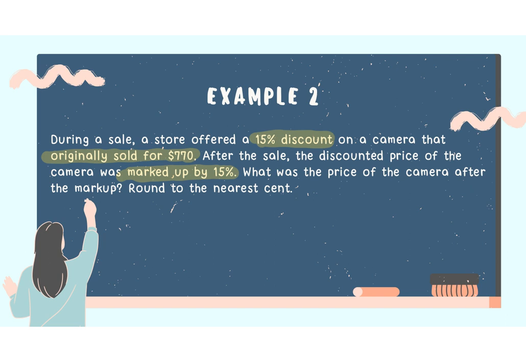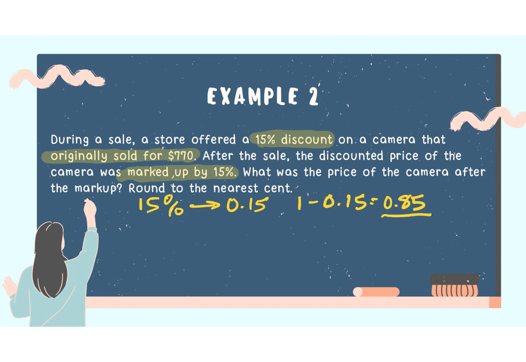So just like the previous problem, I'm going to start with this 15%, change that into a decimal. So 15% into decimal, 0.15. And that is a discount, which is a decrease. So I do 1 minus 0.15, which is 0.85.